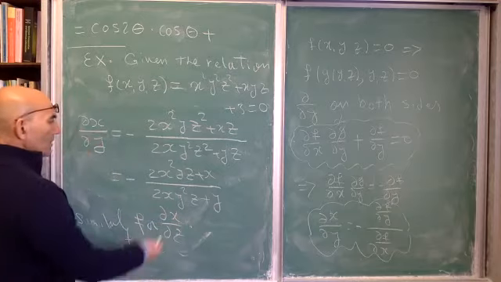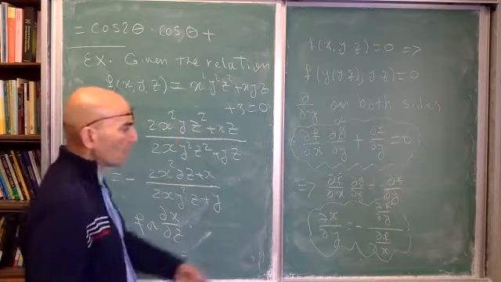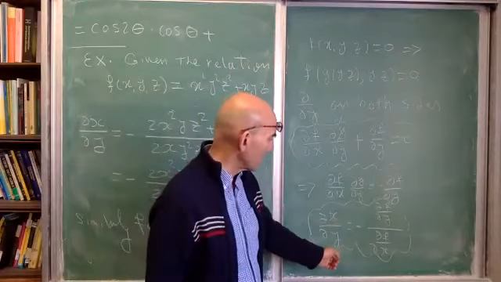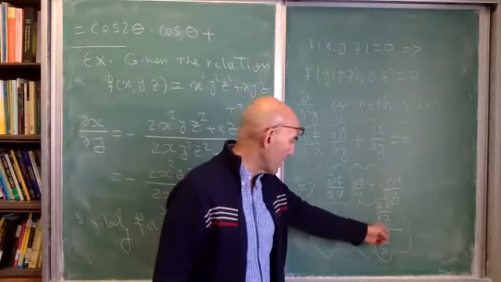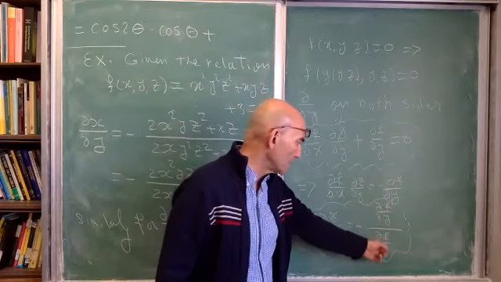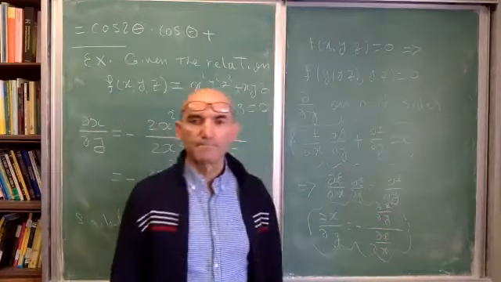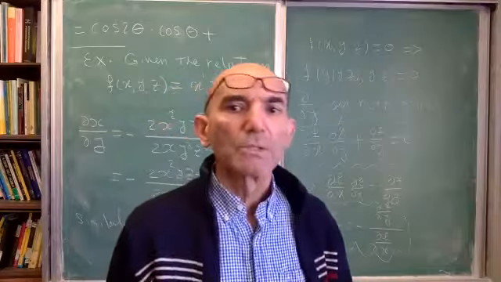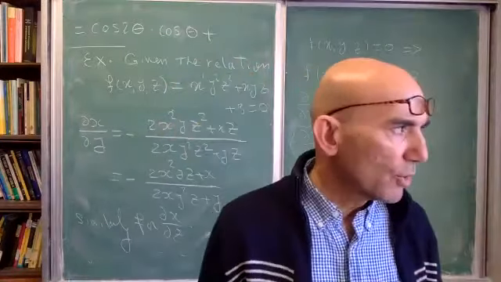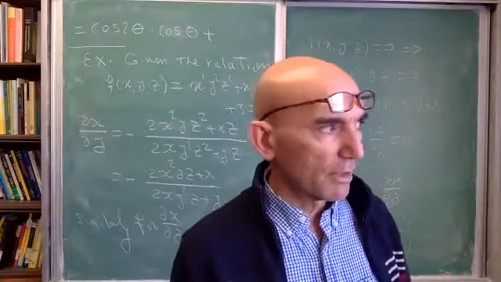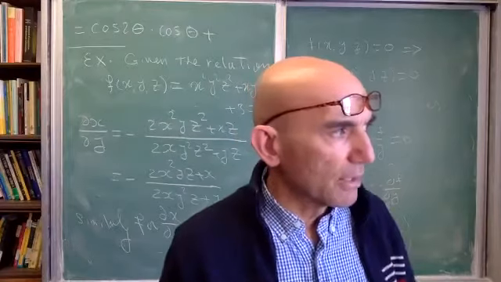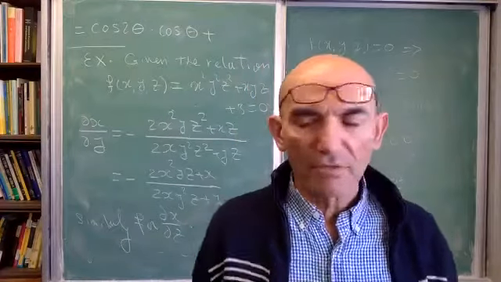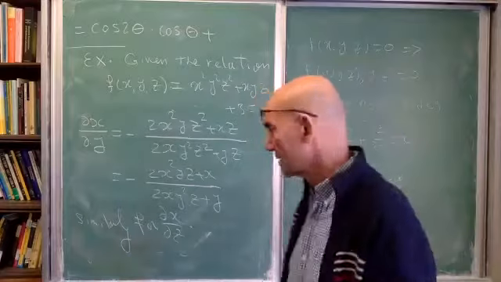I don't compute it, but again, it's a quotient of two things: dx dz is df dz divided by df dx. Once you are aware of the notation you're using, the rest follows more or less mechanically.